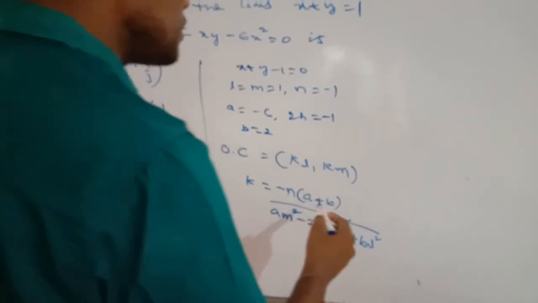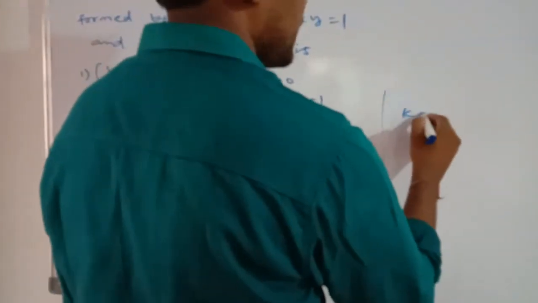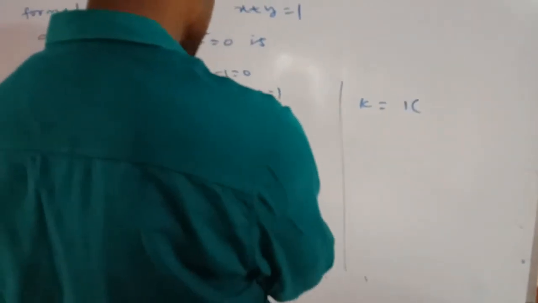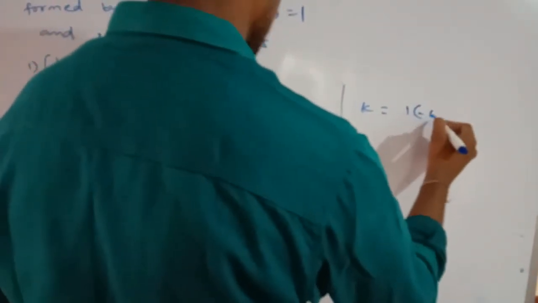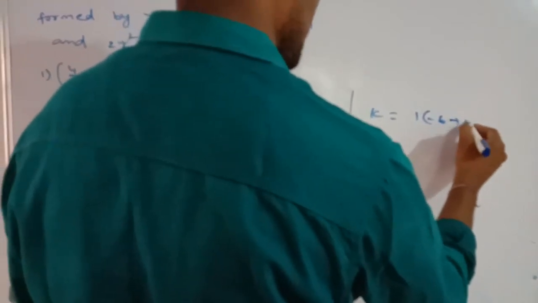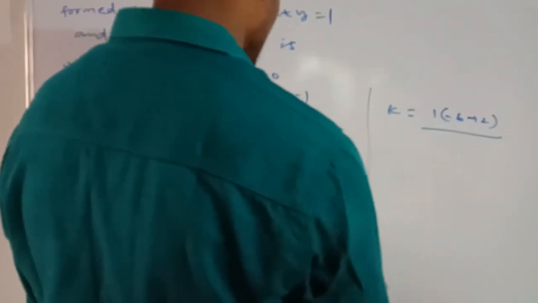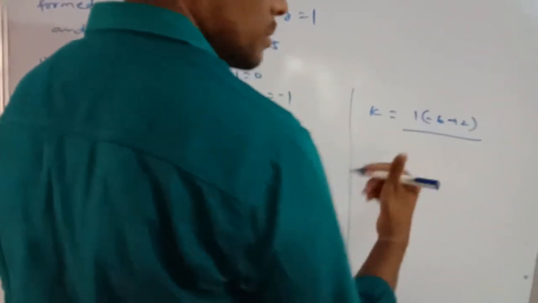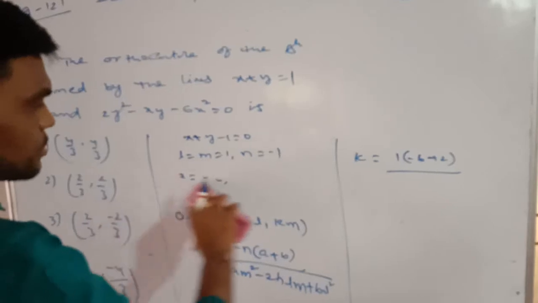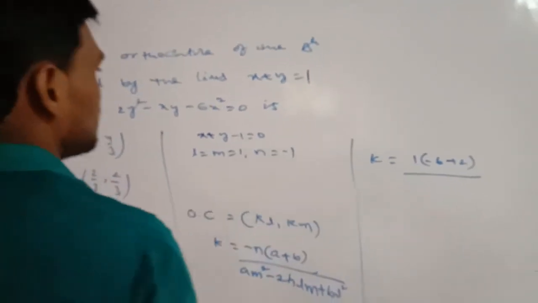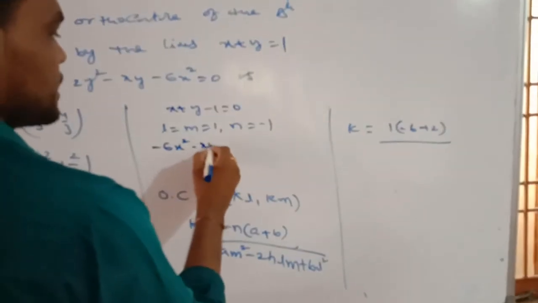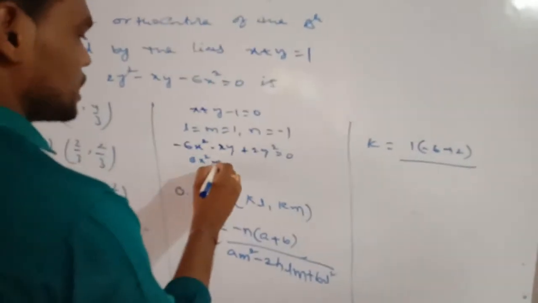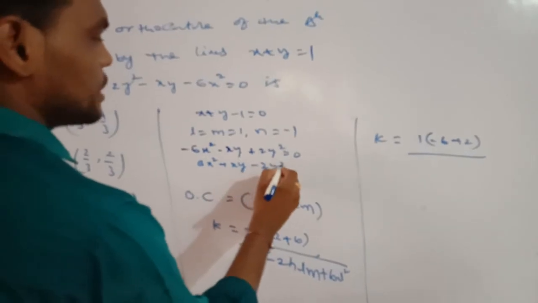Okay, now the simple shortcut form. Here k is equal to minus n, minus of minus plus 1 into a plus b. Here minus 6 plus b by am square. The values must change. The equation is square minus xy plus 2y square is equal to 0, that is minus 6x square plus xy minus 2y square is equal to 0.